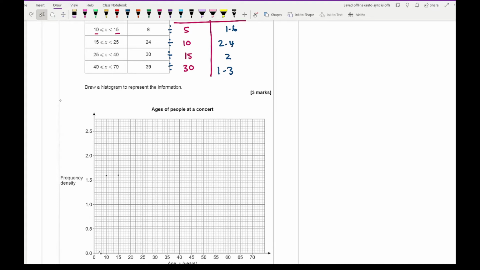squares above there. Again, you should be using a ruler. And then the next one is at 2.4 between 15 and 25. So 15 and 25, so it stops there. At 2.4, so it's just 2 squares below 5. Mine's going to look really bad.